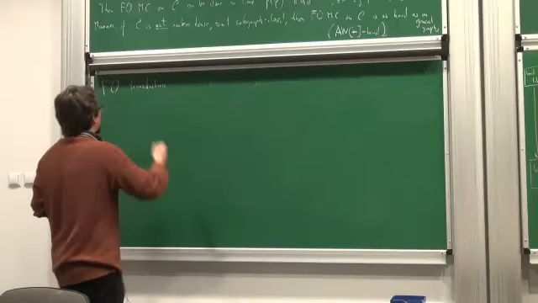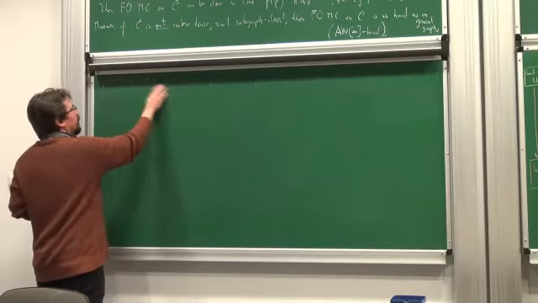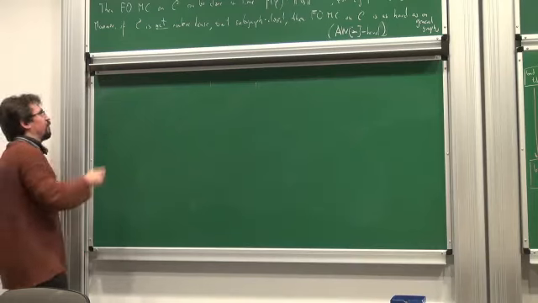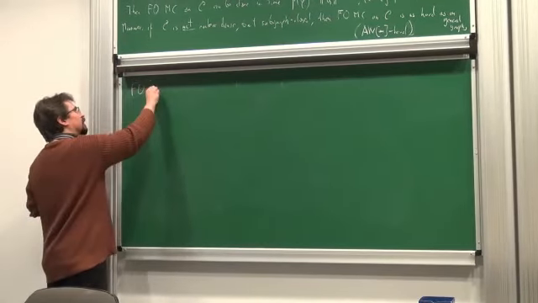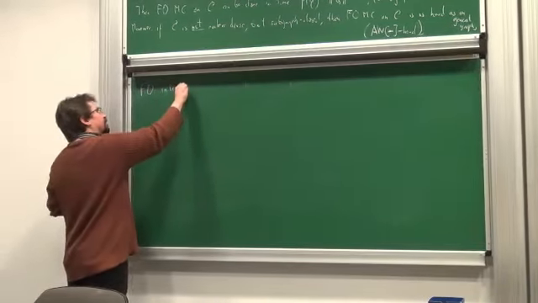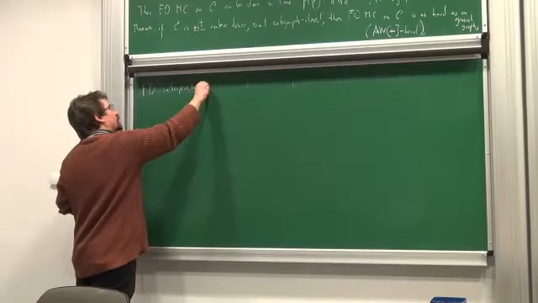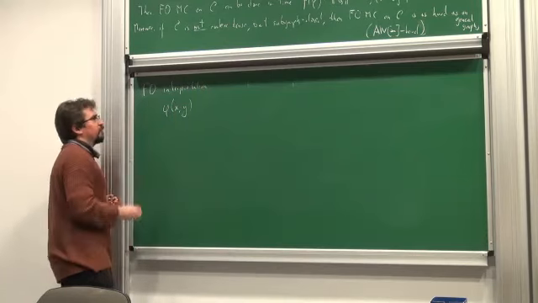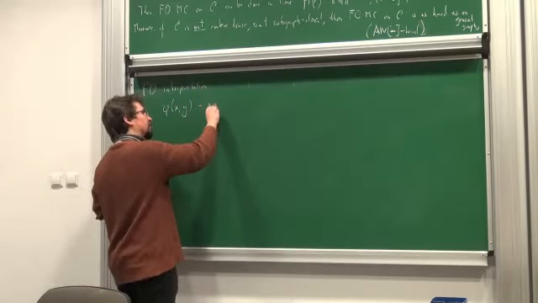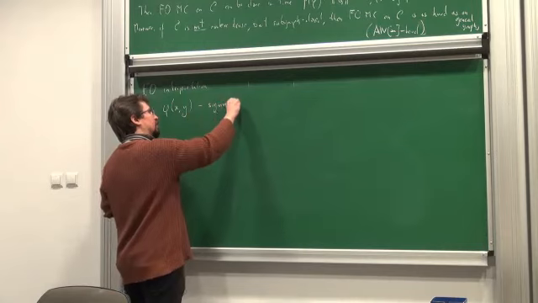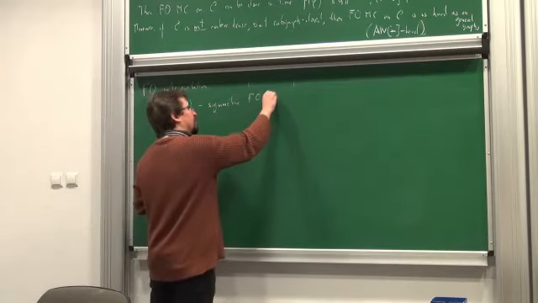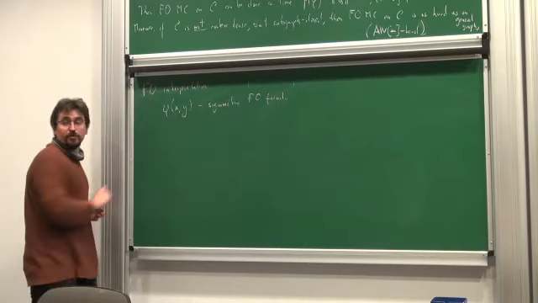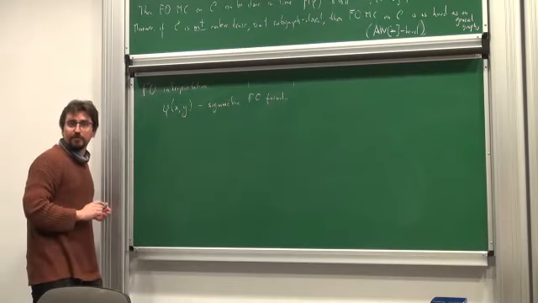Maybe before I tell you about FO transductions, I will give you a very basic notion of an FO interpretation. So imagine that I've got some formula phi with two free variables, x and y. This is a symmetric FO formula. By symmetric, I mean that it always is the case that phi of xy holds if and only if phi of yx.